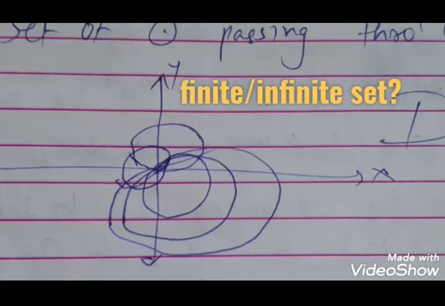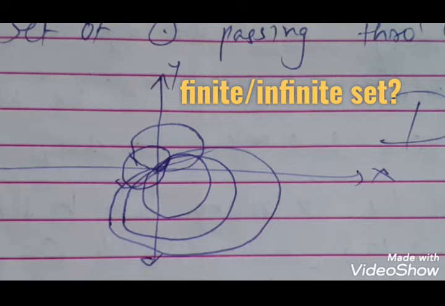Friends, the set of circles passing through the origin: is it an example of a finite or infinite set? We have to discuss it. See, here a diagram is shown with the x-axis and y-axis, which intersect at the point (0, 0), the origin, and from this point approximately 5 circles are drawn. You can draw many more circles from it; everyone can draw so many circles from the same point.